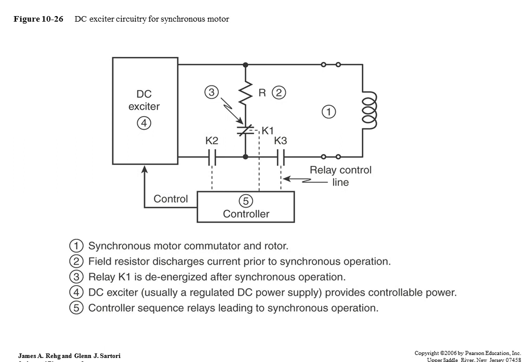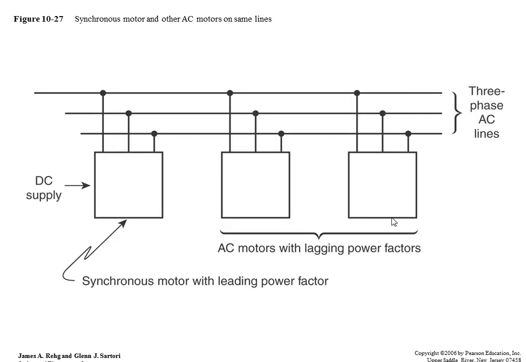If it's following it exactly, then you have no torque. If you have a couple degrees difference, then you're getting more and more torque, 15 degrees difference. If you slip a pole, then you try to get too much torque out of it, you just wrecked it. So you don't want it to slip poles. That would not be good. So here we are hooked up, three-phase, hooked up to something.